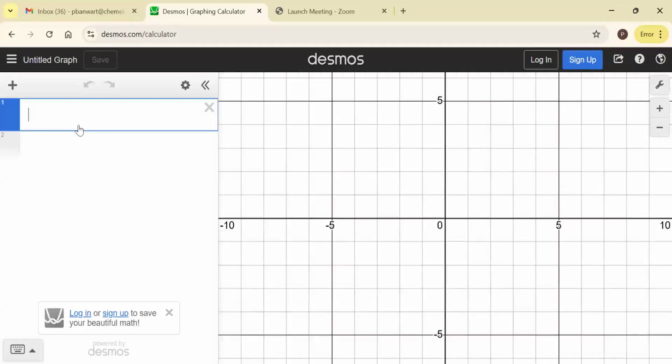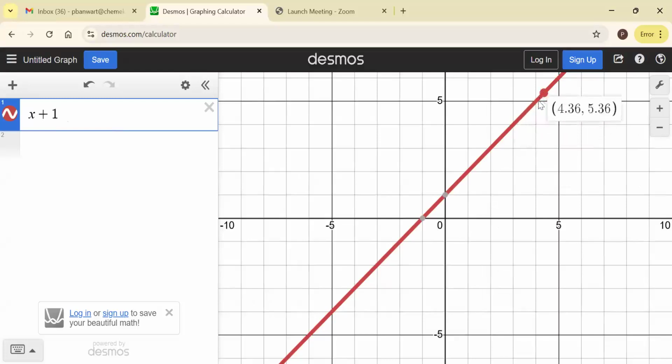You can do basic calculations pretty easily. 13 times 10, it tells you right there, 130. You can graph super easily, x plus 1, and it just puts a graph right on there. You can use that graph and find where you are on that graph pretty easily.